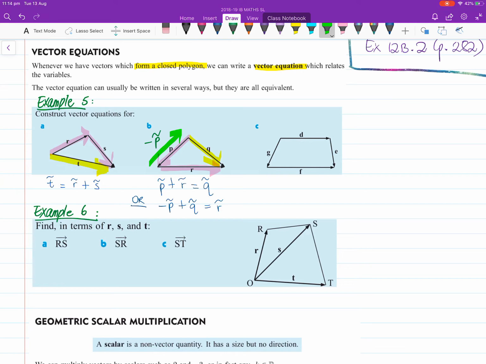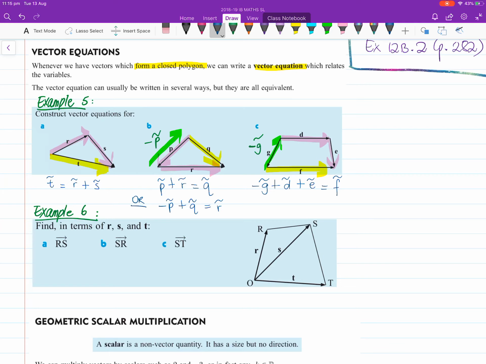I'd probably reverse this one, and we could make that one negative G. Because then I can say that plus that plus that, in the way they're already flowing, is going to equal that one. Does that make sense? So I'm going to have negative G plus vector D plus vector E is equal to vector F.